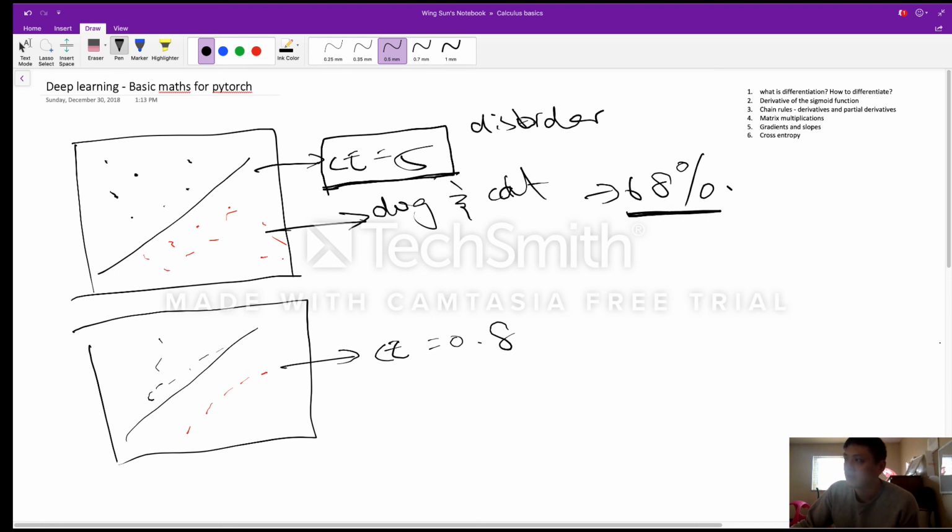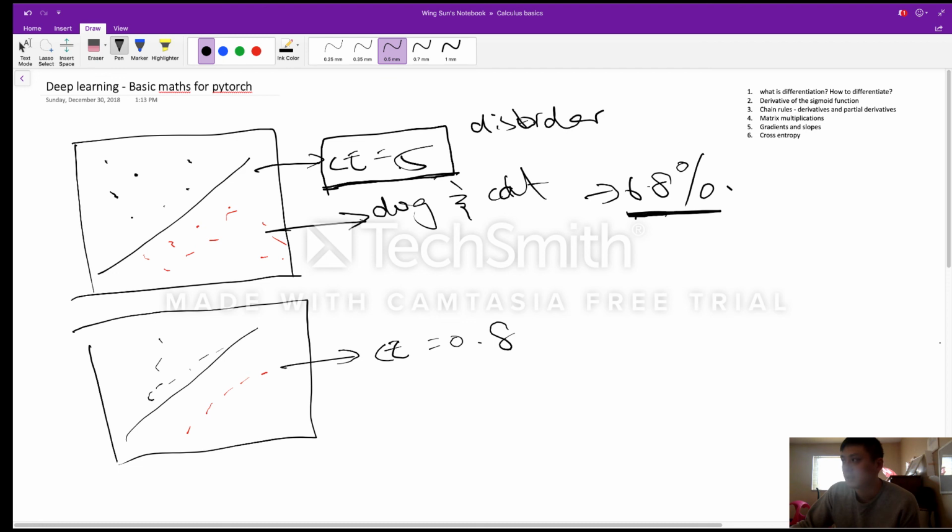Basically you look at this number and you think to yourself, hey, it is telling me that it is most likely a dog. But if I look at the cross entropy, you will think to yourself that there is a lot of misinformation here. There is a lot of chaotic things going on.